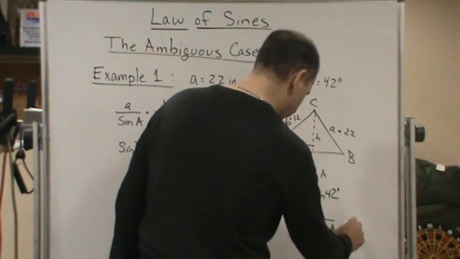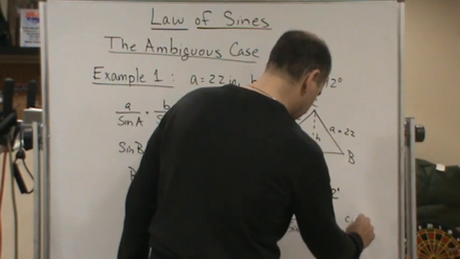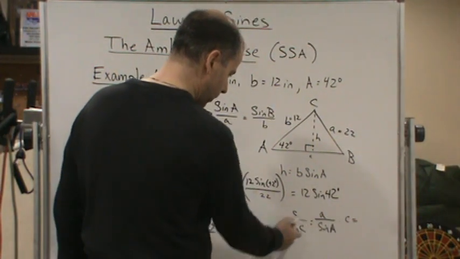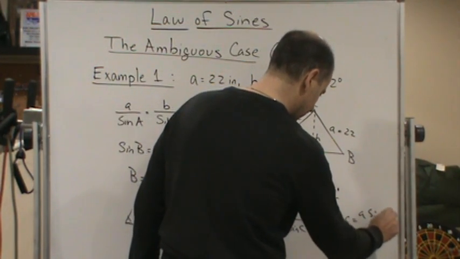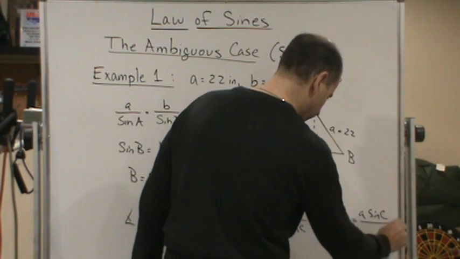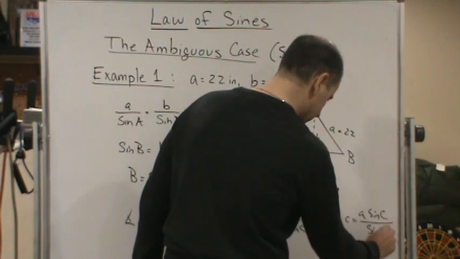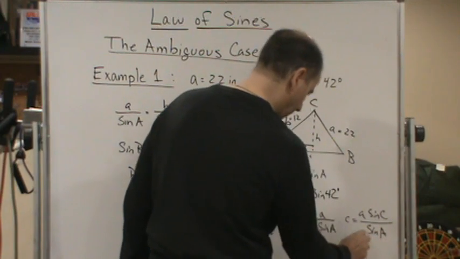And so what do we get? We get c is equal to, multiplying both sides by sine C, a sine C over sine A, right?